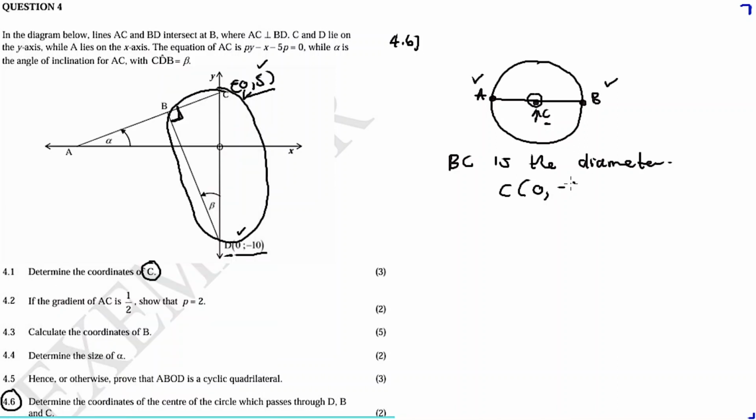The coordinates for the center are going to be 0 and minus 5 over 2. Now these are the coordinates of the center, okay? For a midpoint, as the formula says, x1 plus x2 divided by 2, y1 plus y2 divided by 2 gives us the midpoint. That's why I calculated 0 like that and minus 5 over 2 like that.